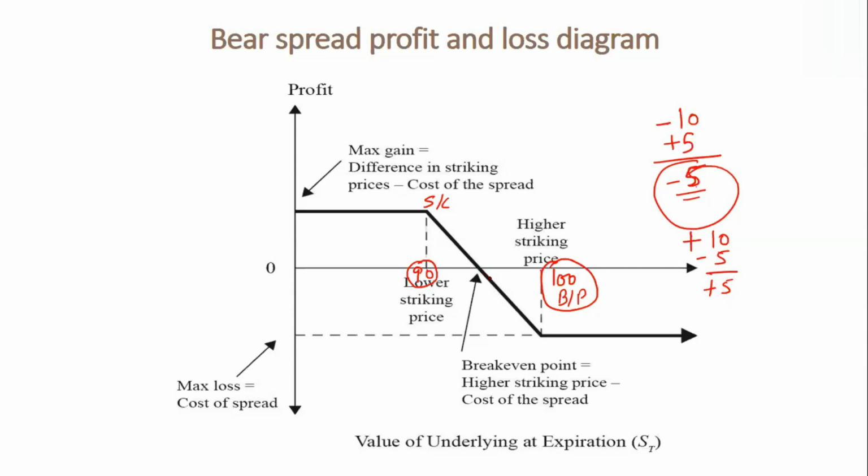What if prices start going up? If prices start going up, both these options will become worthless. But since you have paid a net premium of 5, that is going to be your maximum loss. So you see, you're again going for a limited profit, limited loss scenario.